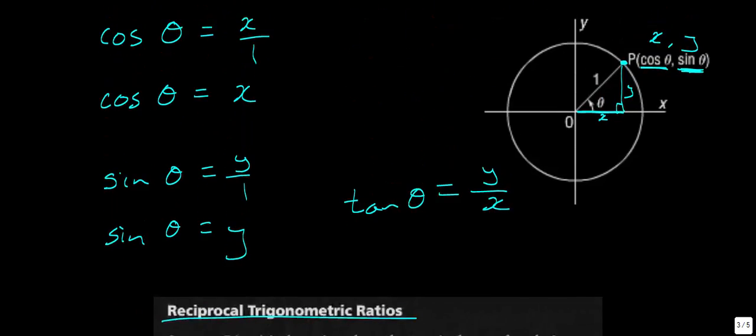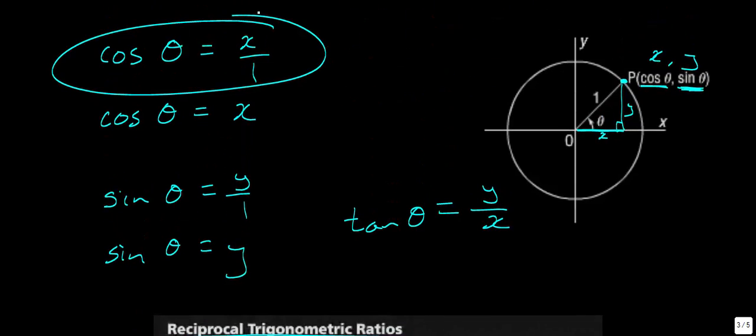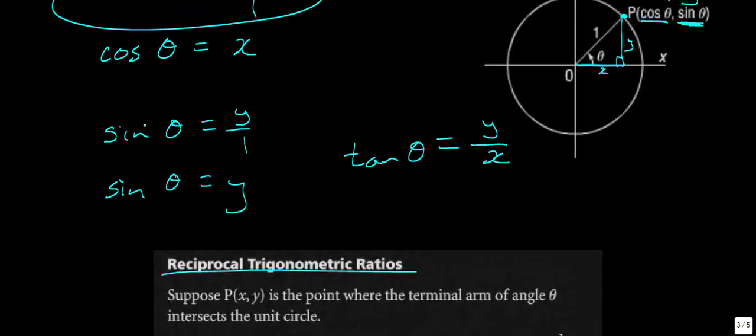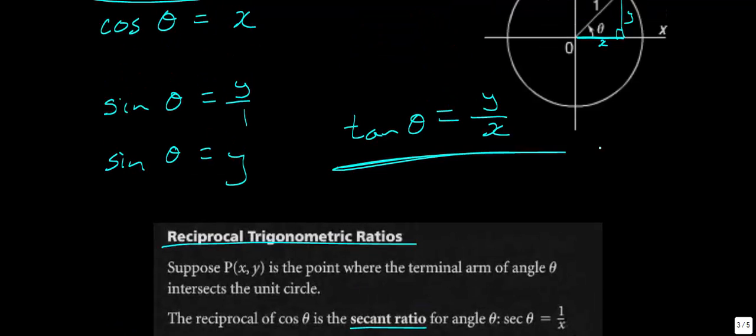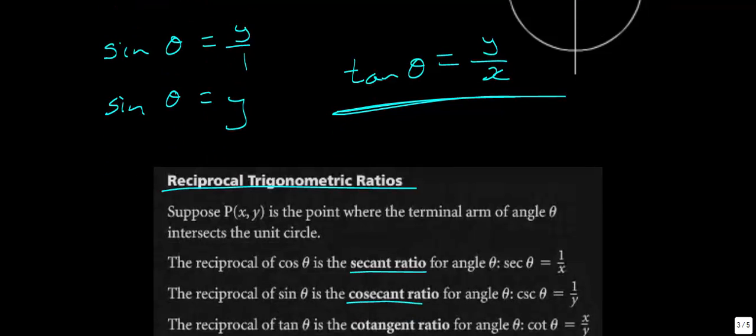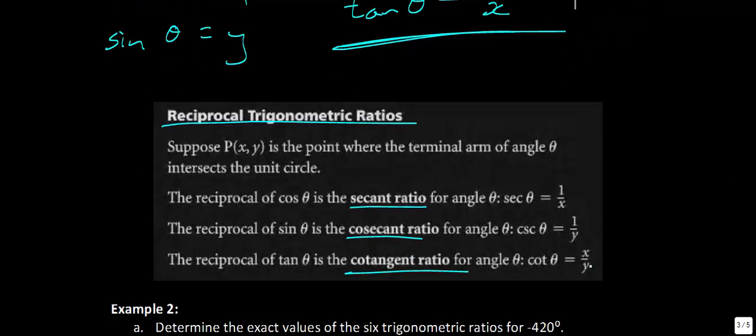And you'll notice that is just the reciprocal of what we had right here for cosine theta. So it makes sense that the next one, for sine of theta, is going to be 1 over y, and we call that one cosecant. And then finally, tangent also has a reciprocal ratio, and we call it cotangent, and that's just x over y, flipped.